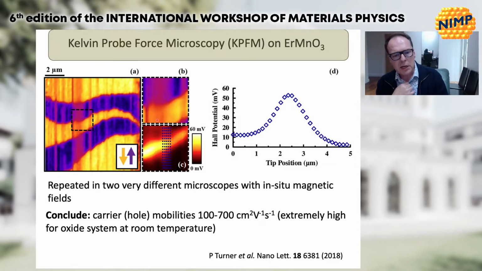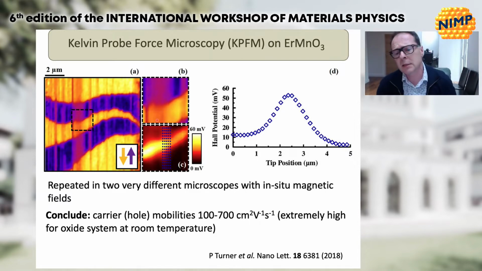data suggesting that the carrier mobilities were of the order of hundreds of centimeters squared per volt second. Now, what does that mean? Well, when we first got this data, it was no surprise to me. I had no preconceived ideas of what the mobility should be. But it turns out when you compare this to literature on oxides, this is pretty much the highest room temperature Hall mobility in oxides that exists out there.